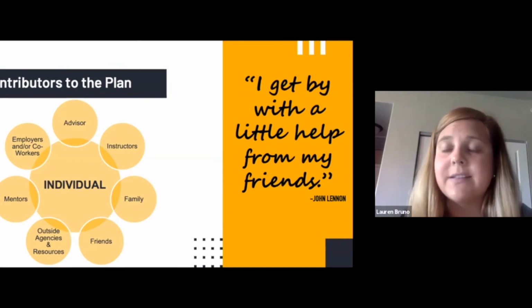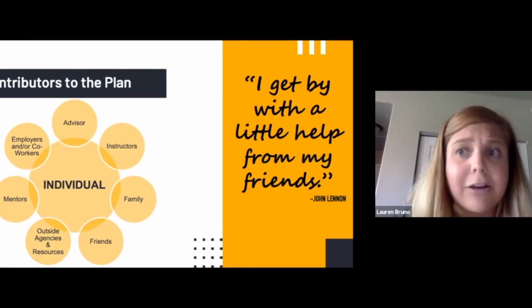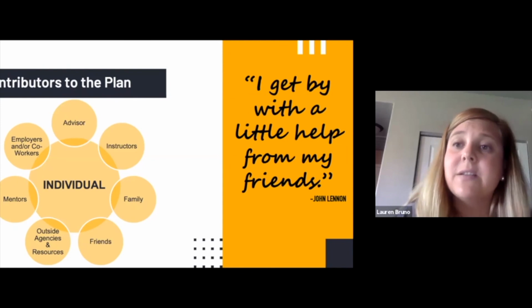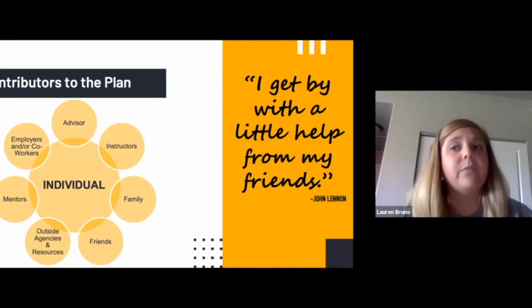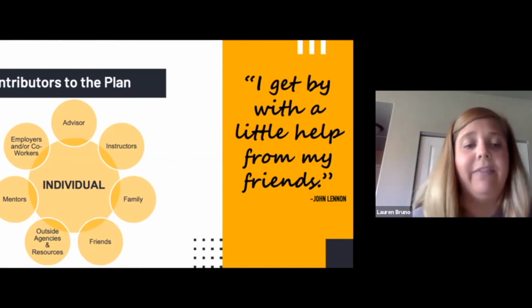So your advisor is someone you'll get paired up with right in the beginning at UI Reach that will help you with that discovery process and through other person-centered planning activities. Your instructors, obviously your family and friends know you best, and so they want to know how they can support you in reaching those goals while on campus and later on in life.